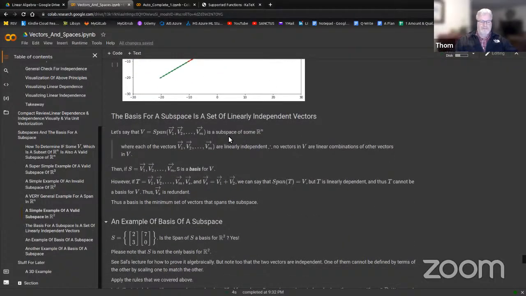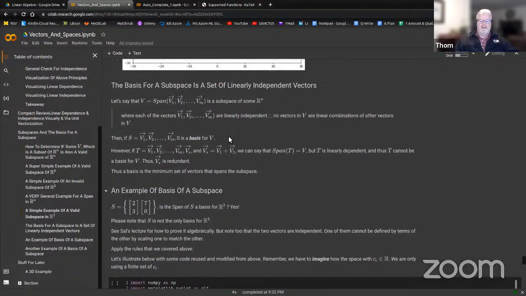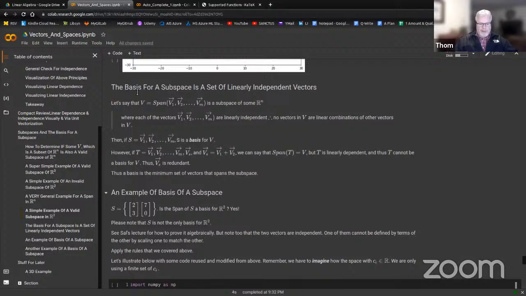So now we get to something cool and new. The basis for a subspace is a set of linearly independent vectors. In truth, it's the minimal set of vectors, the perfect set of vectors you need to find the basis for a subspace.